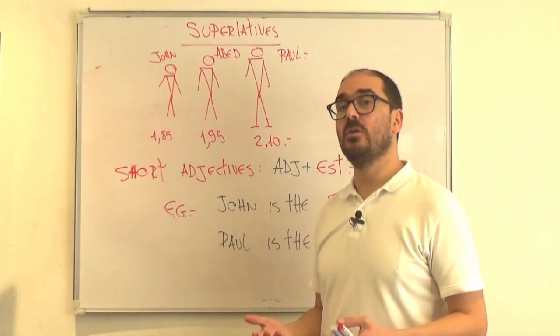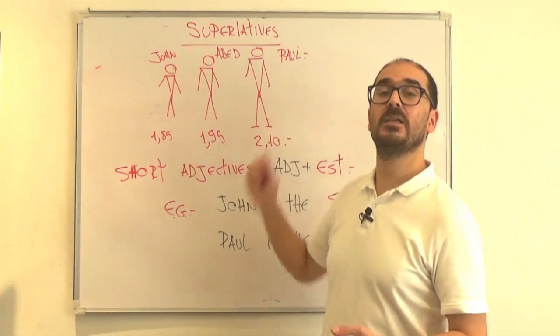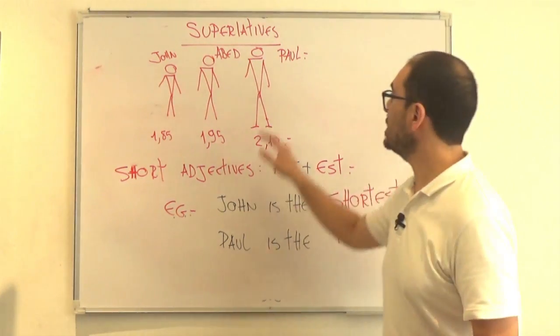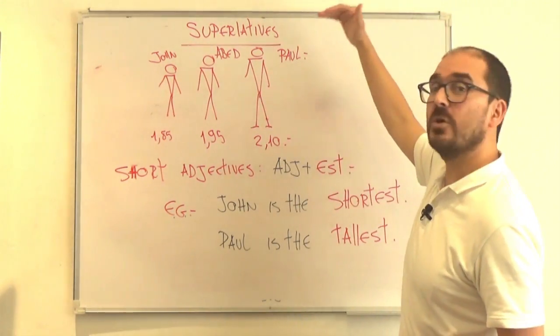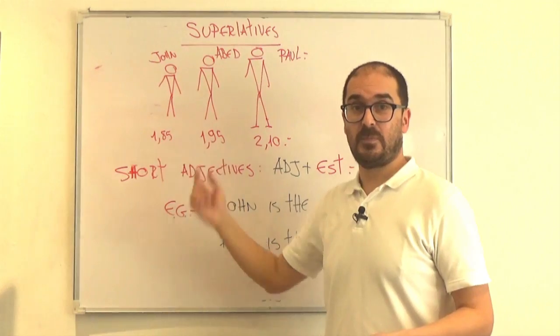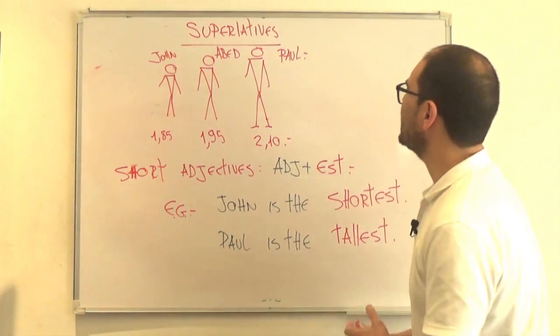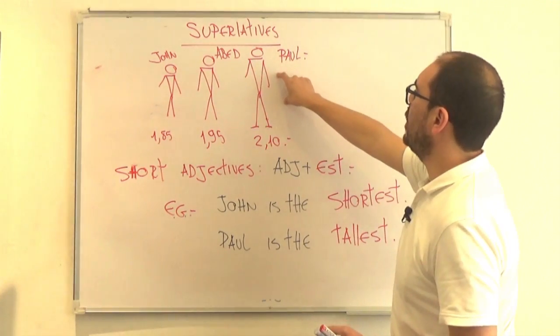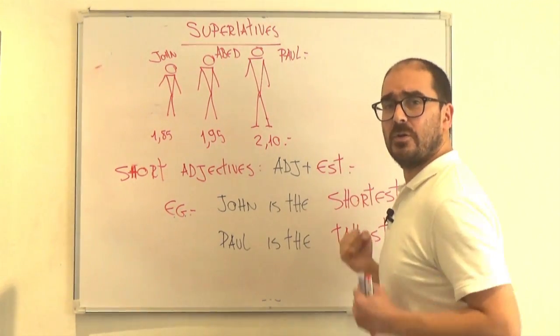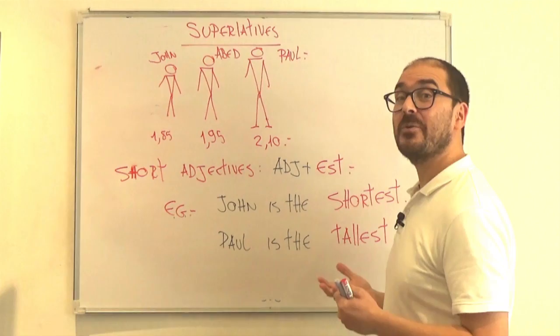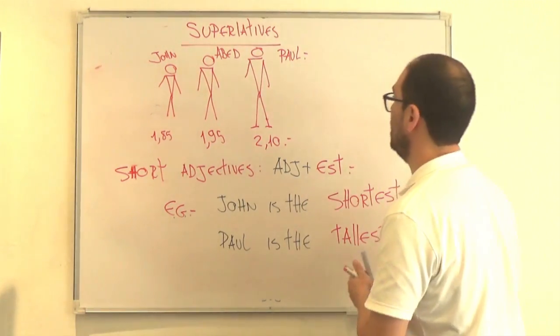So when we say that Paul is the tallest, we're saying that he's the tallest person in the group. Okay? Now, let's say that Paul is also a runner, a sprinter, so he runs very fast. Okay?